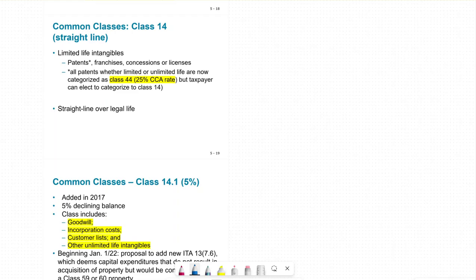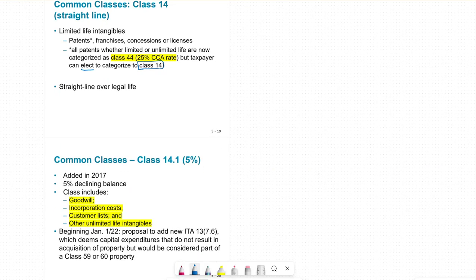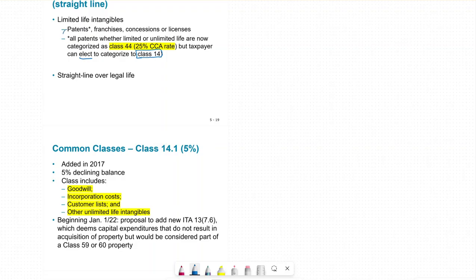We can elect to put them in class number 14. So this only applies to patents. The other one is your franchise and concession or license. We do it over straight line.